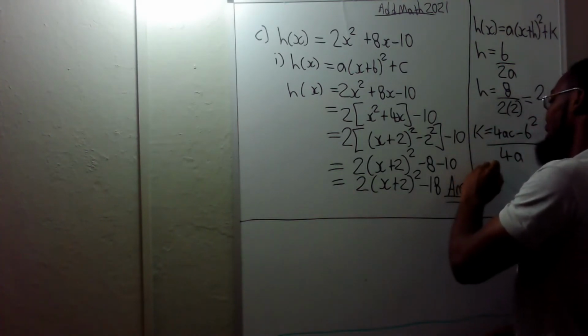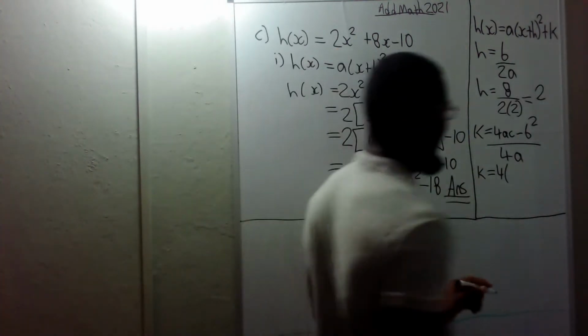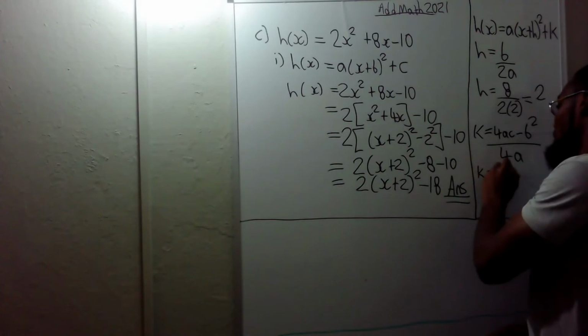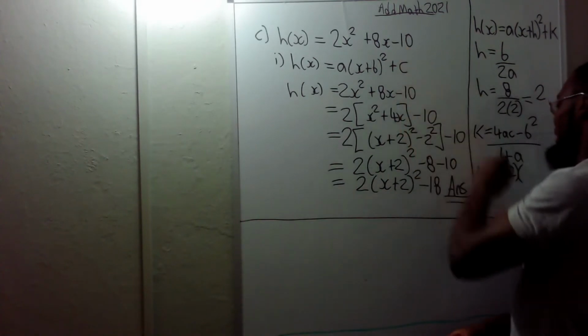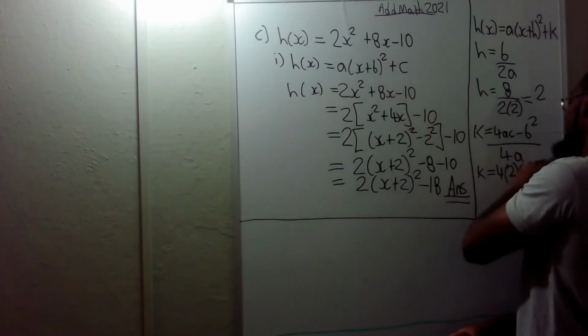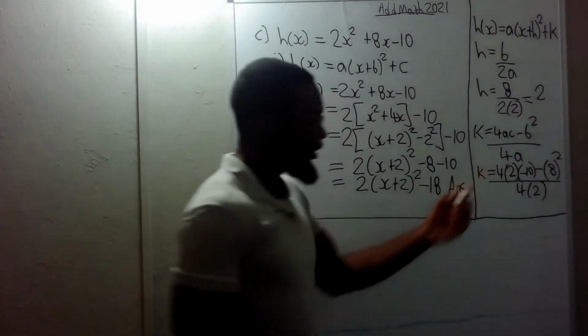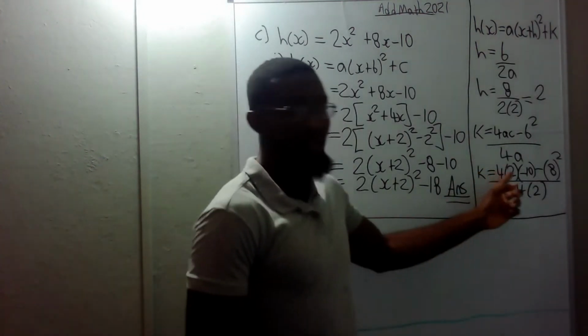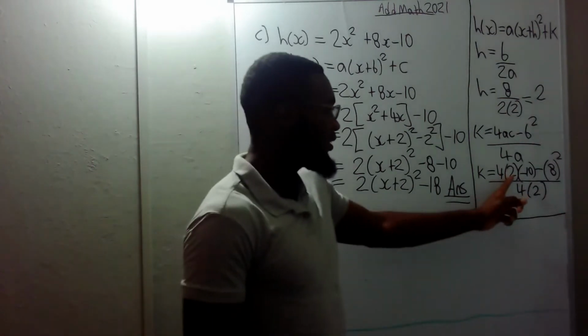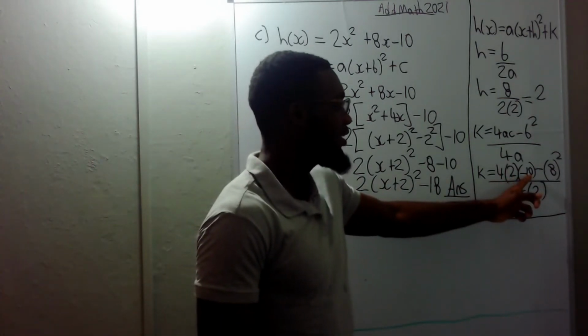In this case, k is going to be 4 times a, which is 2, so we put 2. c is negative 10, minus b squared, which is 8 squared, over 4 times a, which is 2. Now I'm going to work this out. 4 times 2 is 8. 8 times negative 10, that's negative 80.